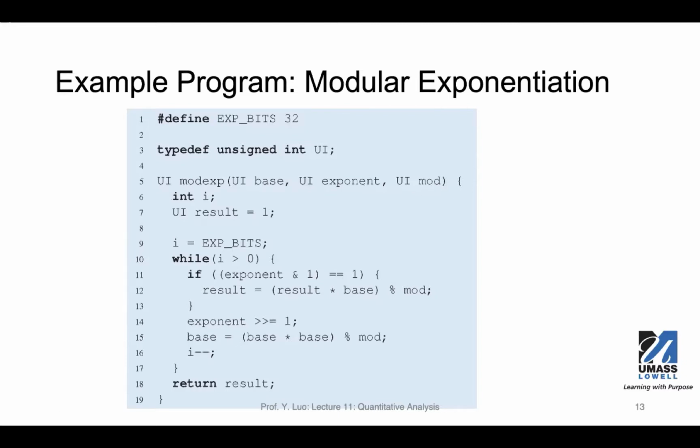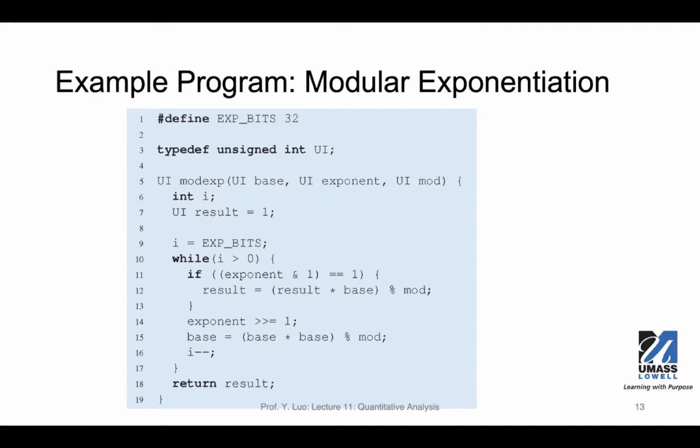In the function, we declare integer I as the loop iteration variable, and we initialize the result as 1 because we're going to do a lot of multiplication. In line 9, we initialize the loop iteration variable I as 32 because we're going to go through every single bit of the exponent, and we're going to do the following loop.